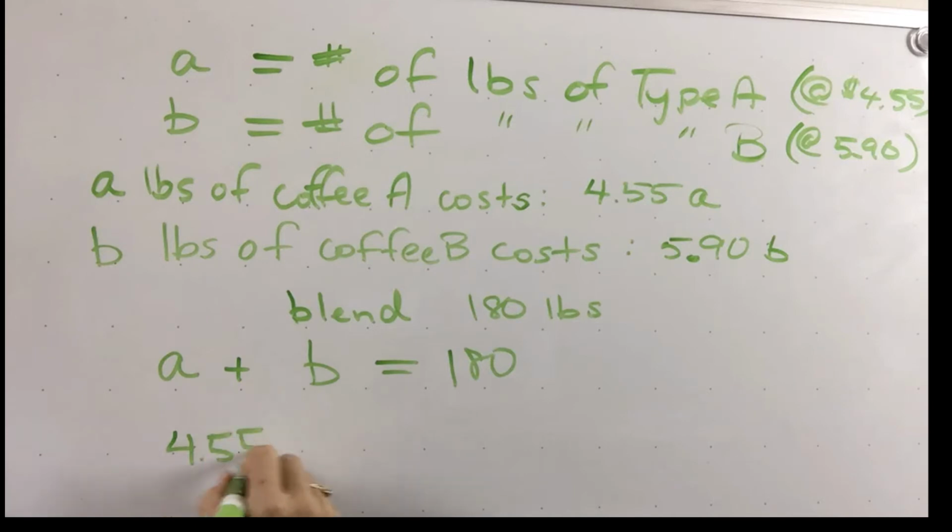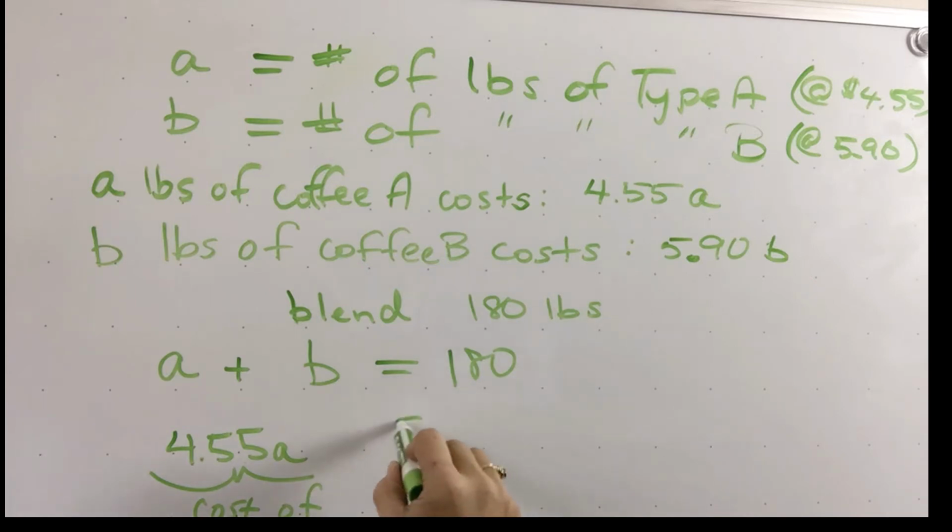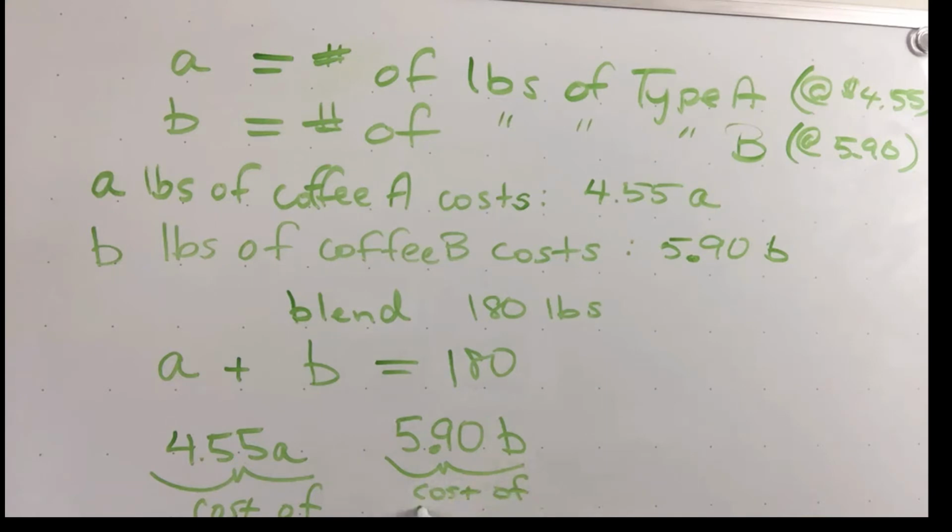So I know that $4.55 times A, whatever A is, gives me a number, and that's the cost of bag A. And I know that $5.90 times B, that's the cost of bag B. But I'm throwing those 2 bags together and making a third bag out of the first 2 bags.